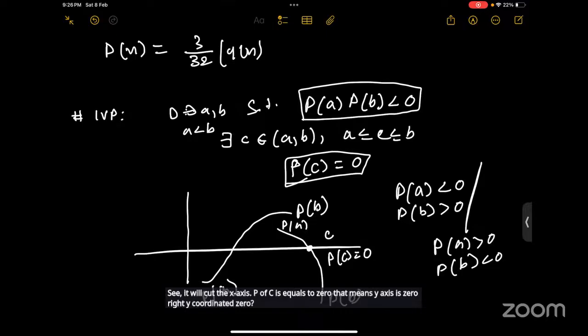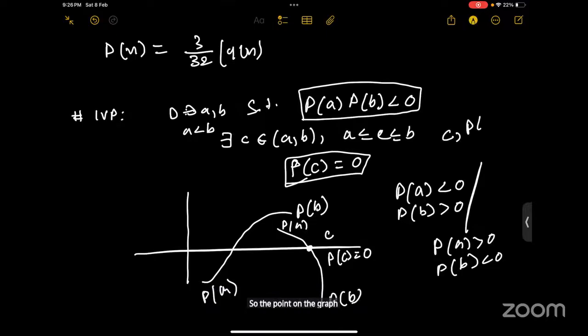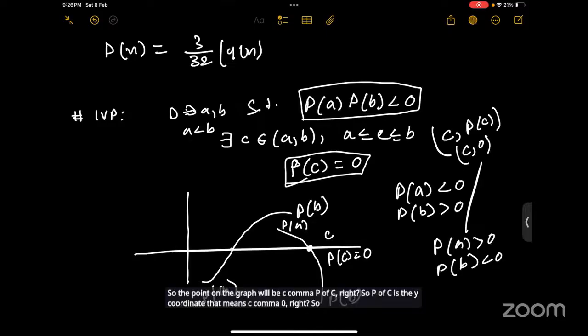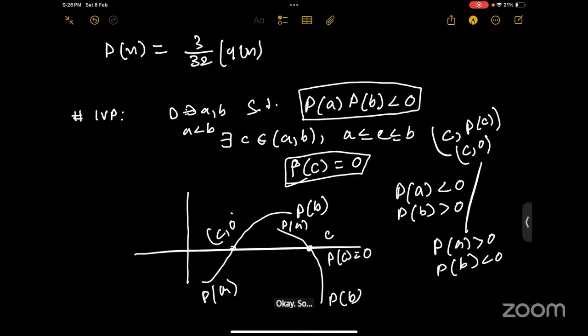So the point on the graph will be C comma P of C, and P of C is the y coordinate, so it is C comma 0. This point is our C comma 0 point, so it must be one of the x-intercepts. Yeah, this is one of the x-intercepts. Thank you.